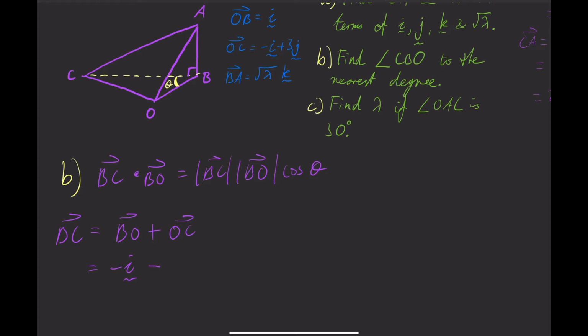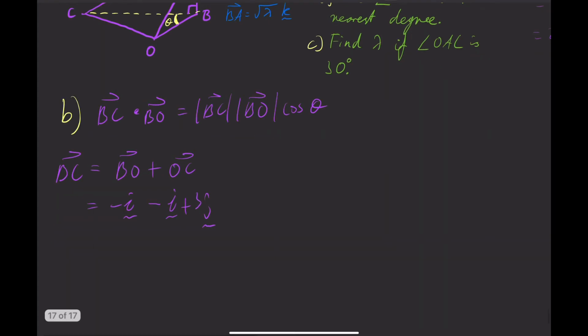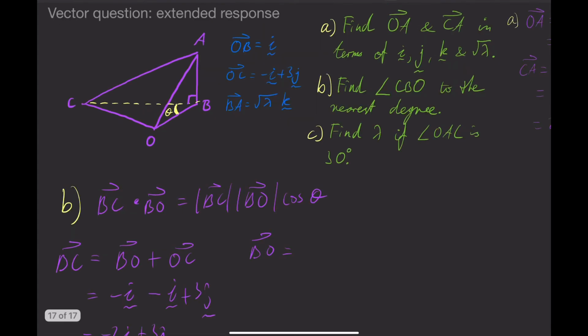And then we add OC, which is negative i plus 3j. We're given OC as part of the question. So we can simplify that. So BC is negative 2i plus 3j. Okay, BO: we're given OB is i, so BO is negative i.